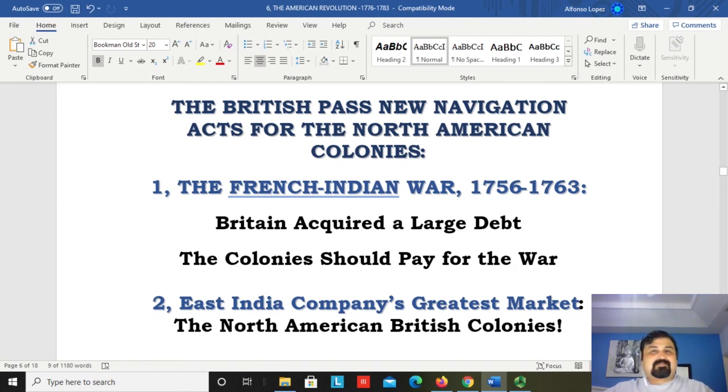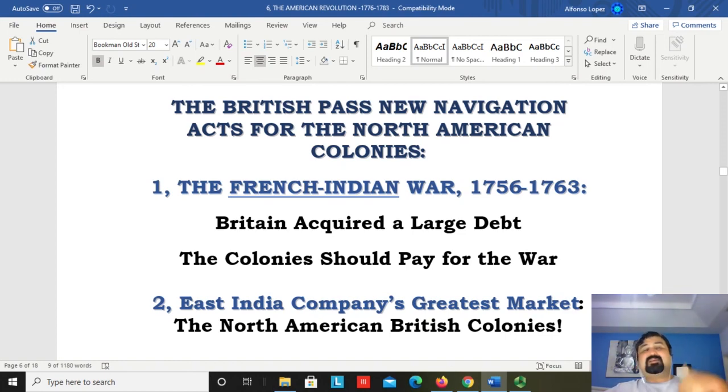It actually took a heavy toll on the British Treasury. And at the end, what the British are trying to do is simply pay off this debt by raising revenues. In other words, we need to raise taxes to pay for this debt. So they believed we must now tax the colonies. We have not taxed the colonies up to this point, but now we are.